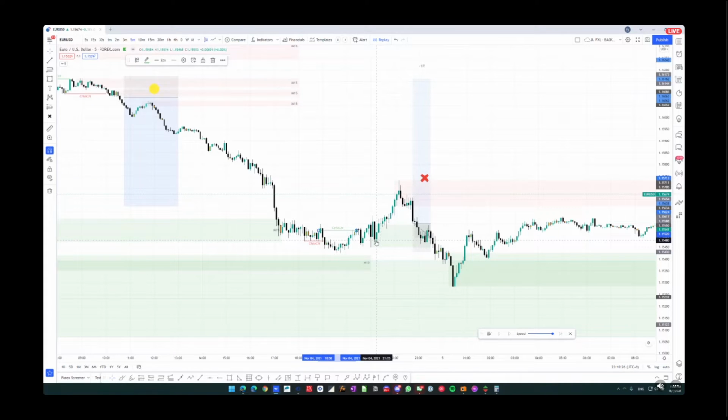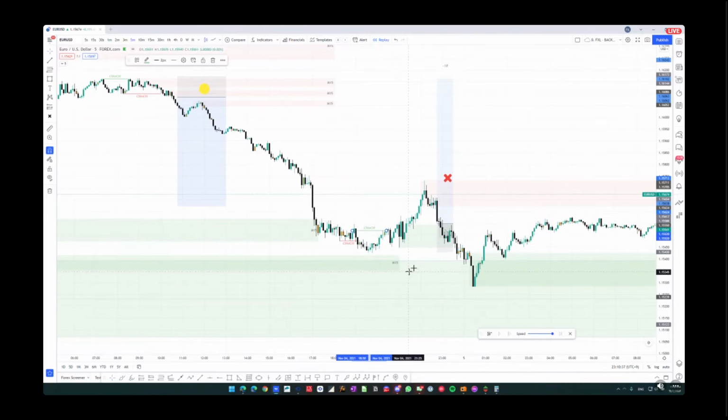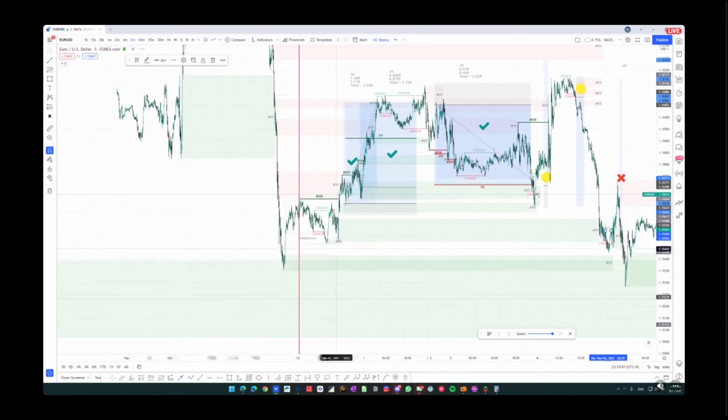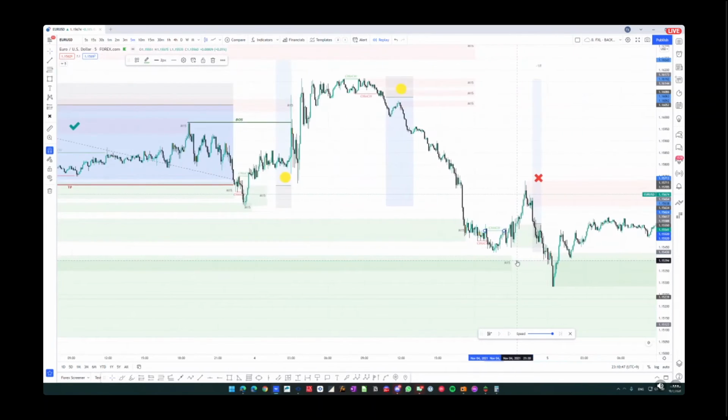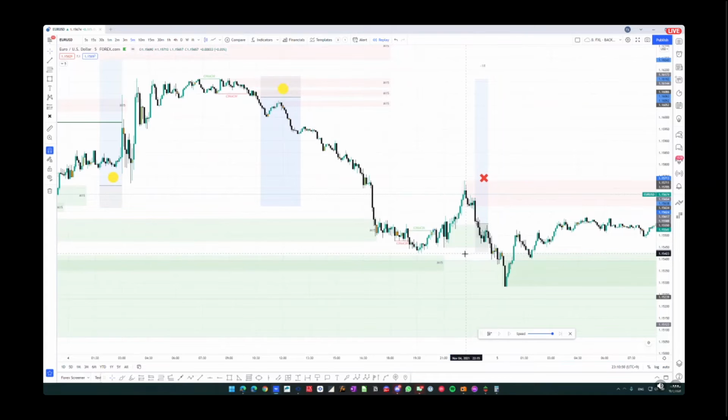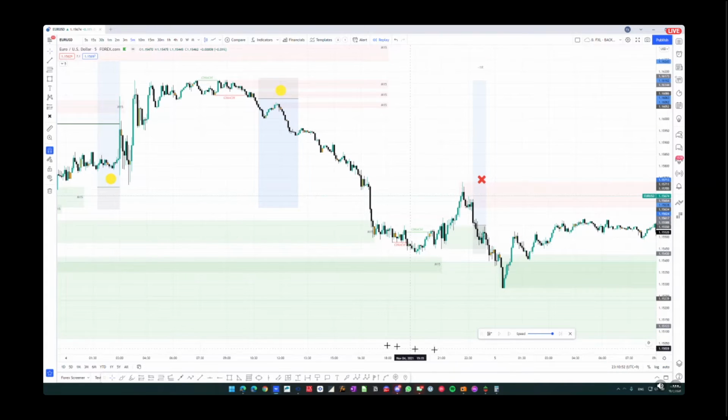And then when it broke, we got in on the pullback. And then instead of going up, it just plummeted down and took us out. But if we would have seen that this was in a demand zone, it could have saved us, because there was nothing over here except for imbalance, remember? There's only imbalance over here, so potentially this wasn't a clean entry.